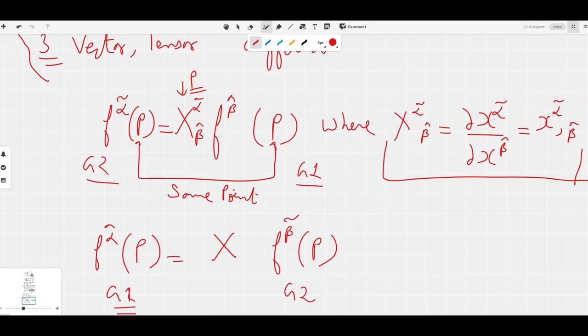And this, in this case, will be x alpha caret beta tilde, and this is also at point P. So what is x alpha caret beta tilde? Writing in this simpler notation, this will be the partial derivative of x alpha caret with respect to x beta tilde.